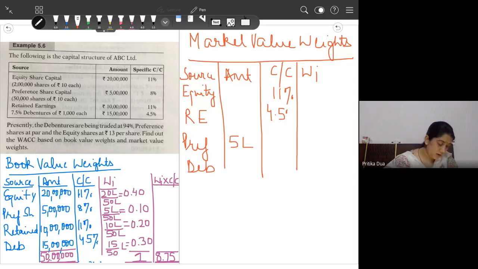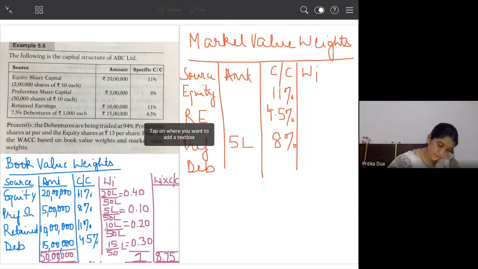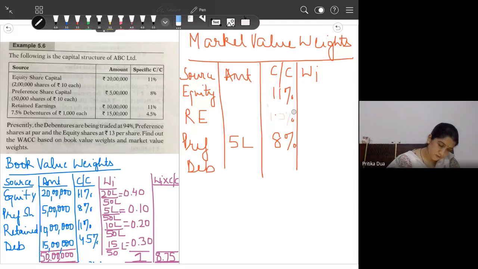And for debt, you are given that it is trading at 94% value. The retained earnings cost is 11%. So this is also 11% and this is 4.5%.